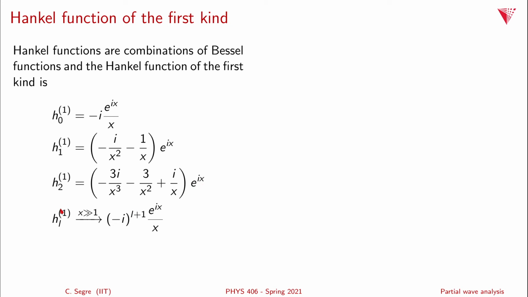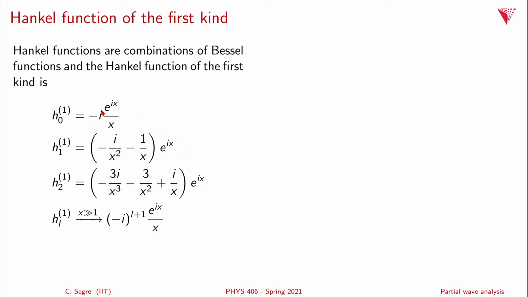And finally, we can look at what these look like when x is much, much greater than 1. Then you can see that only the last term survives, because when x is much, much bigger than 1, the other terms drop off faster towards 0. So they all will look like e to the ix over x.